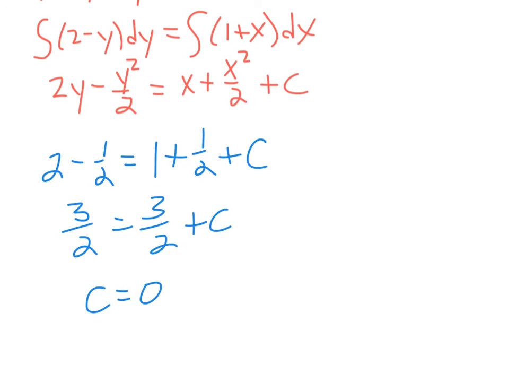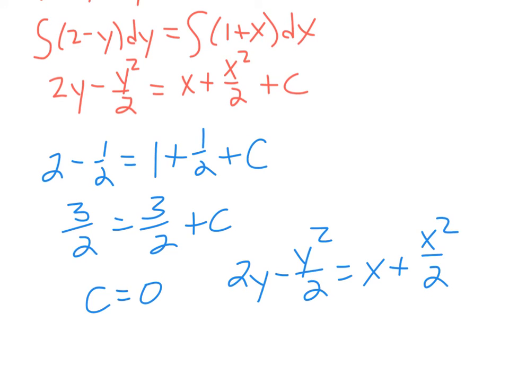So our solution then, since c is 0, is just going to be 2y minus y squared over 2 equals x plus x squared over 2. Okay, so that's not solved the way we did before, but we're being asked to use graphing software to plot the solution.